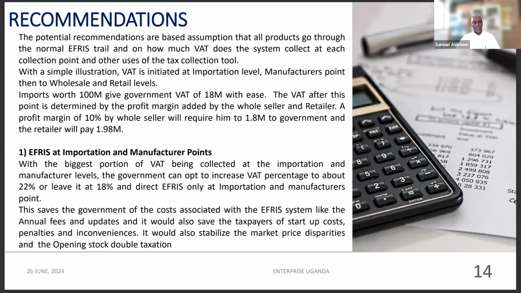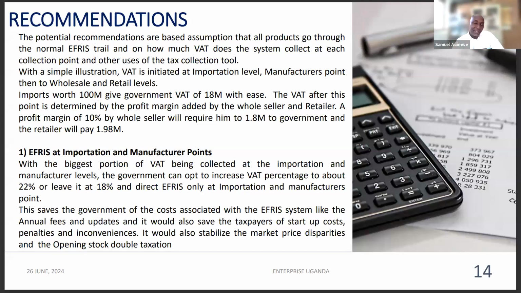So basically, the government has already gotten 18 million, but it's just following 1.8 and the 1.98. When you add them together, it's about 2.7 something.